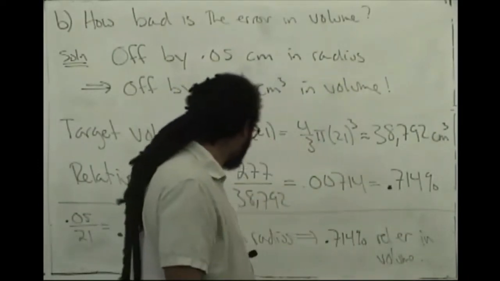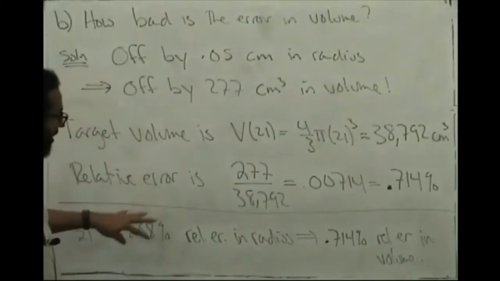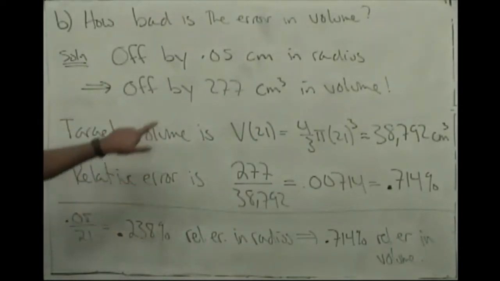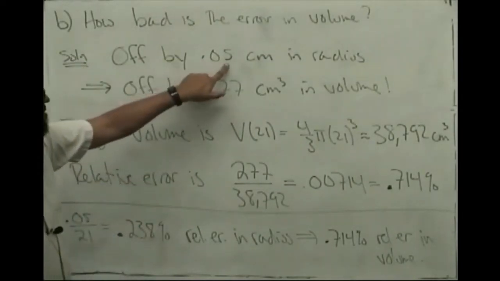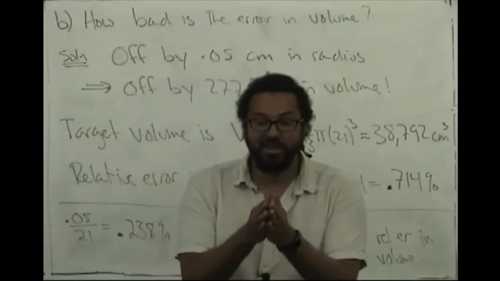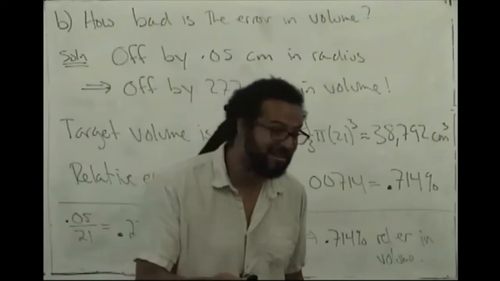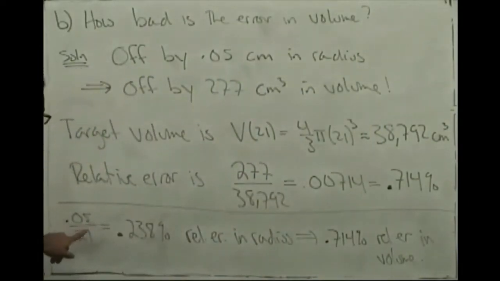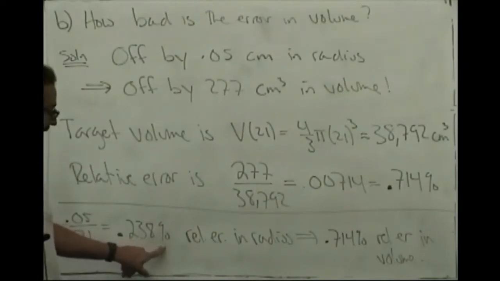And so here's another way to view this. To be off by 0.05 centimeters away from the target measurement of 21 centimeters, how bad is that? Well, to be off by 0.05 centimeters compared to 21 centimeters, that's just 0.238%.